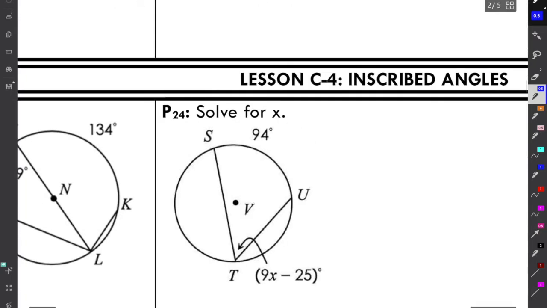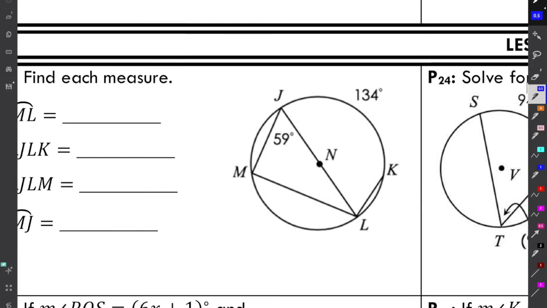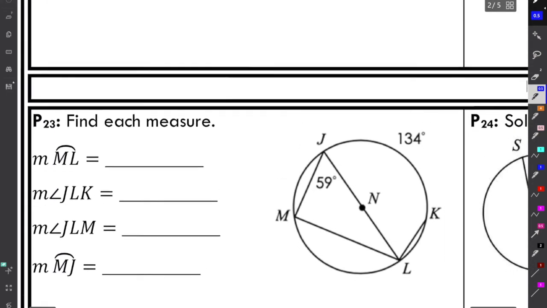Now we'll move on to inscribed angles from lesson C4. First things first, remember that the measure of an inscribed angle is equal to half the measure of the intercepted arc.